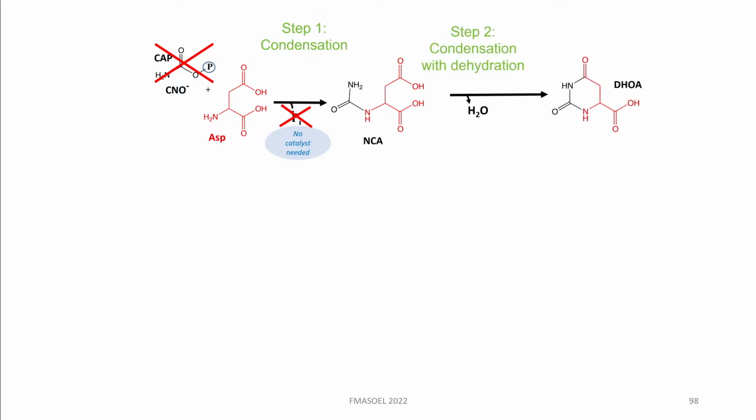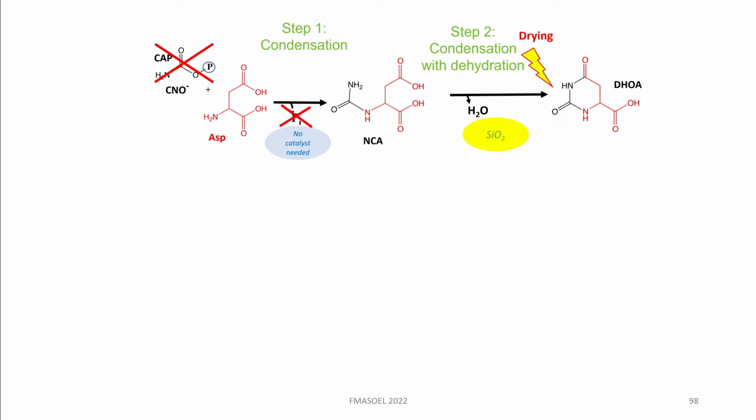The next one is another condensation to make a cyclic structure. And we knew that we had silica that could condense amino acids. So we said, why not use it as a catalyst to make this particular molecule, which is called DHOA, since it's also a condensation reaction.